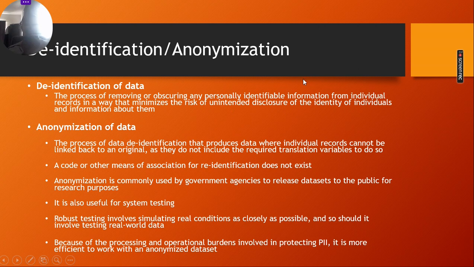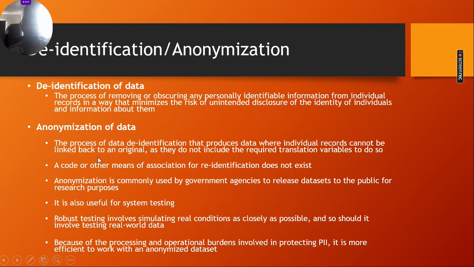What is left is just what is on your record, minimizing the risk of unintended disclosure of the identity of the individual and information about this individual. People cannot identify who this person is.